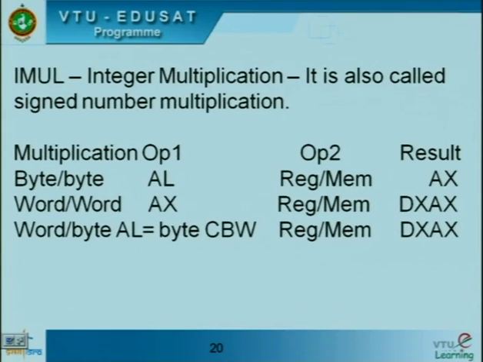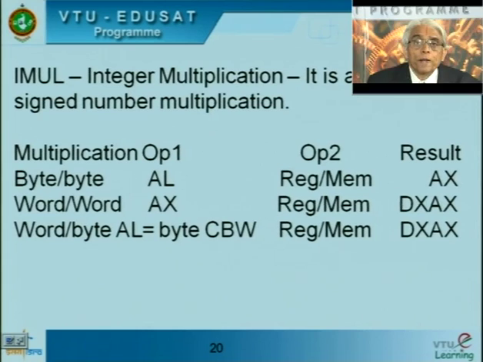So when you are trying to talk about byte by byte, AL will have an 8-bit number and the second operand will be either in register or memory and the result is available in AX register. Similarly, when you are trying to talk about word by word multiplication, AX register will have the first operand and operand 2 will be available in register or memory. So totally we have DX and AX combined together, which has the 32-bit result.